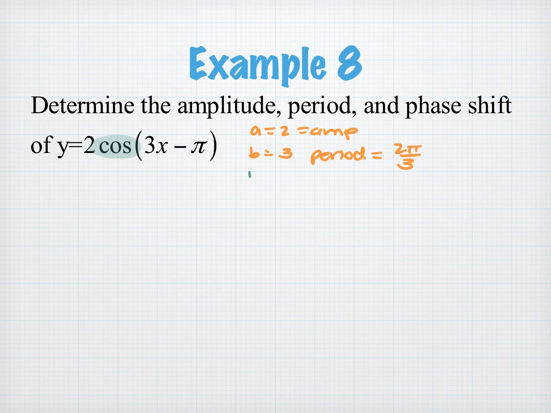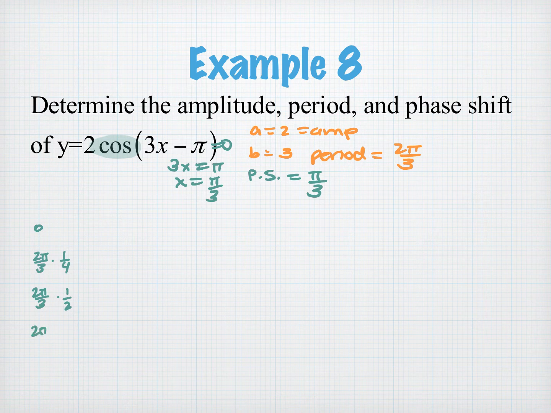There's a phase shift. If I set this equal to 0, I get 3x equals pi, and x would be pi over 3. Find your key points. So 0, 2 pi over 3 times a fourth, 2 pi over 3 times a half, 2 pi over 3 times 3/4, and the last one is 2 pi over 3.